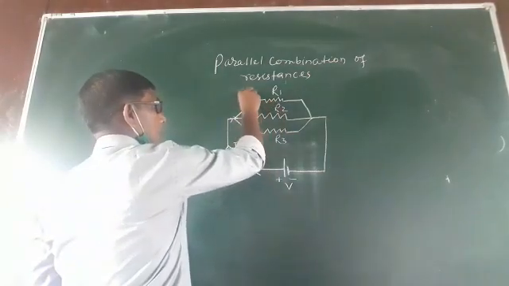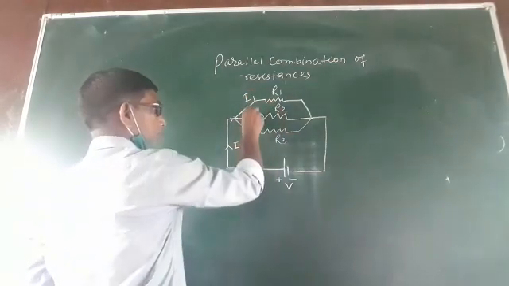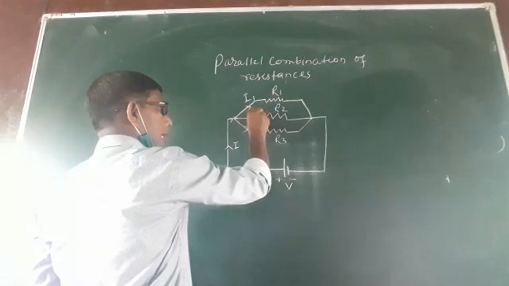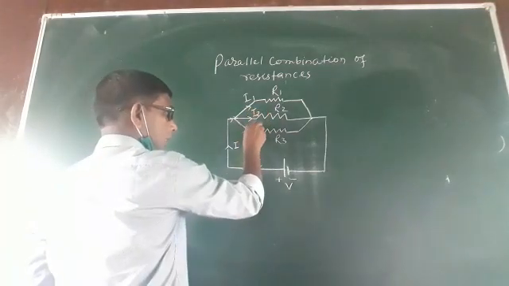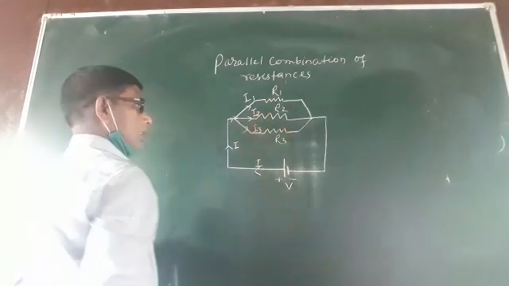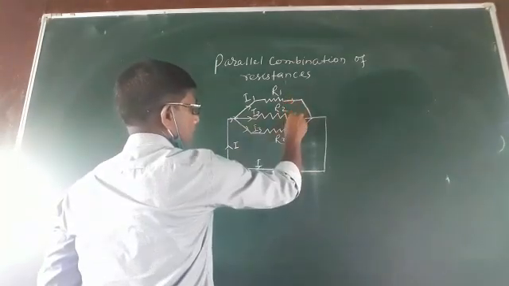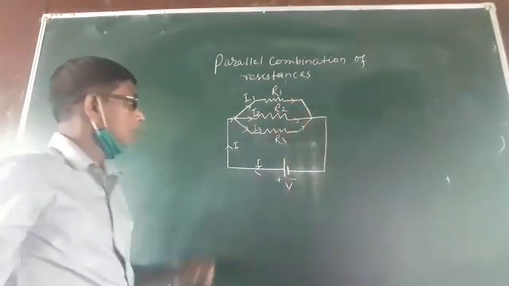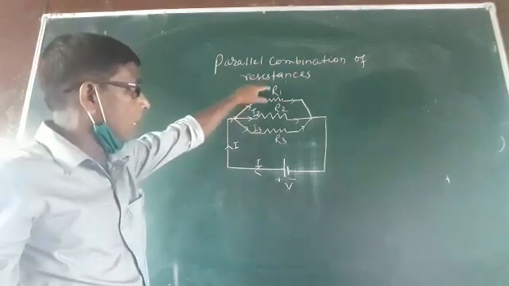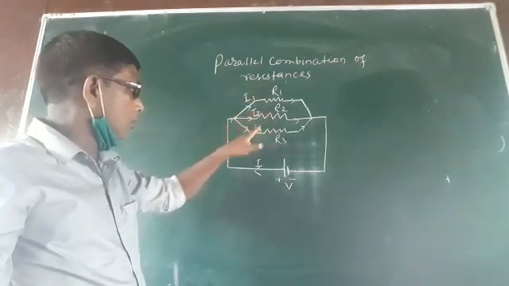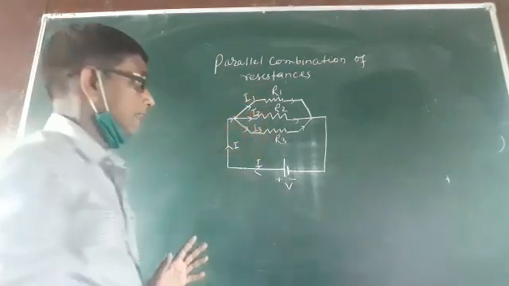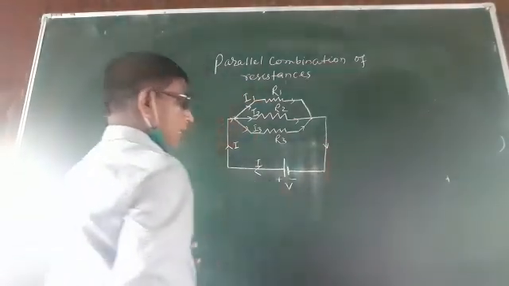In R1, I1 current flows, in R2, I2 current flows, and in R3, I3 current flows. This is the completion of the circuit.